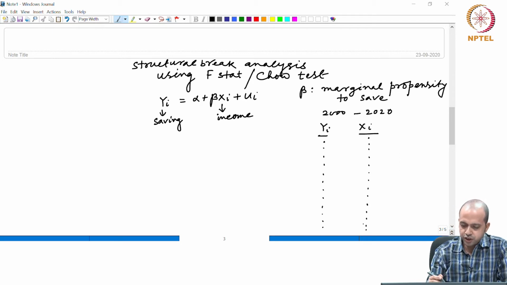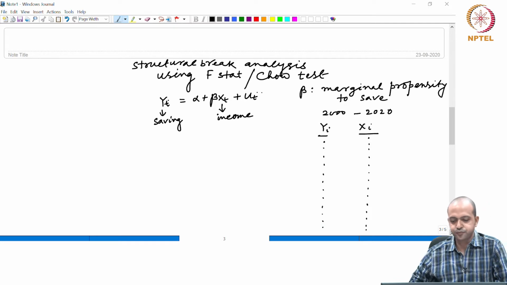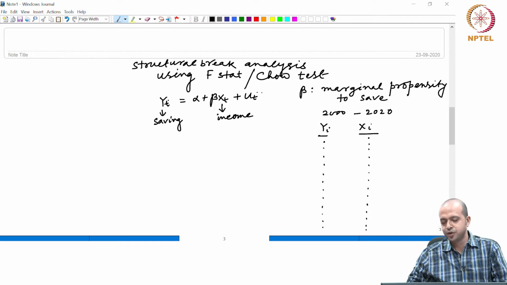Here actually, instead of i, since it is a time series phenomenon, I should use t. So, this should be yt equals alpha plus beta xt plus ut. This is a time series phenomenon.